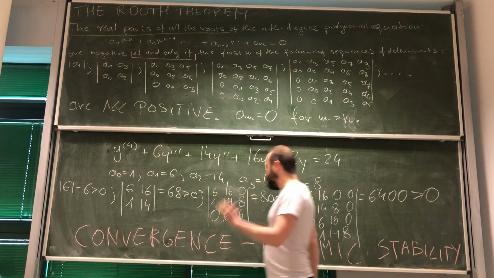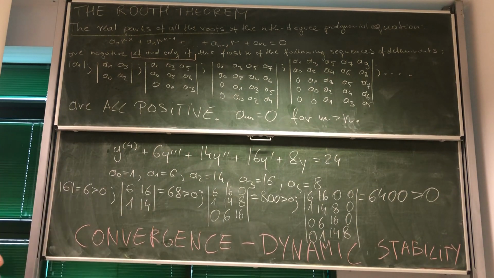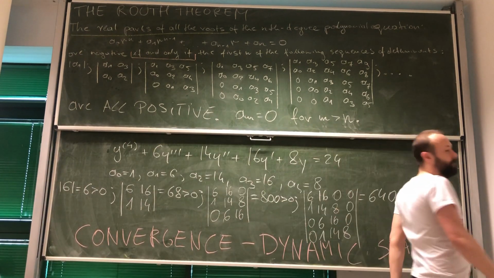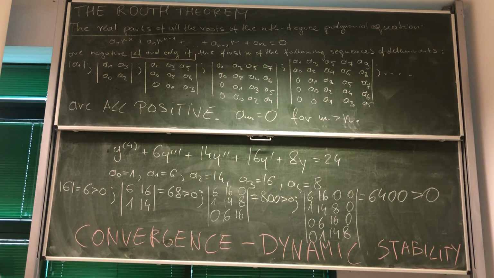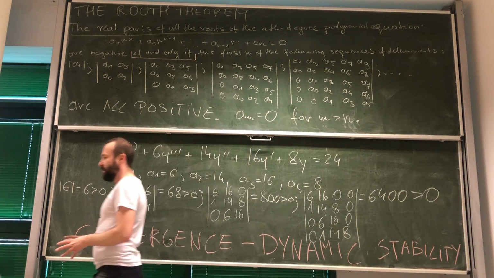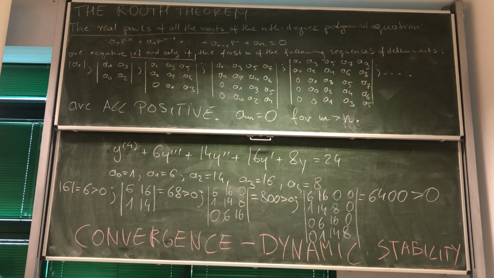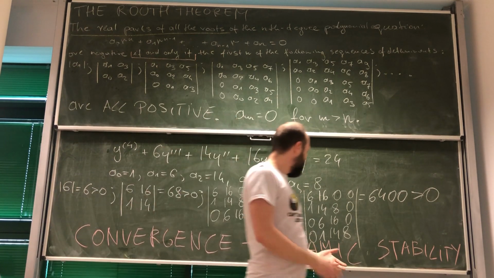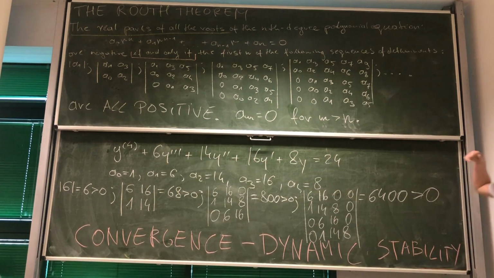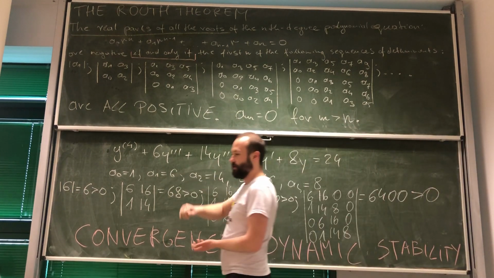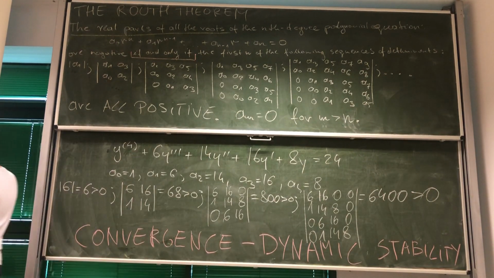Okay, and look, as you see, using the Routh theorem, we didn't even have to find the actual roots. We just know the real parts are going to be negative, and because of that, we can be certain that if enough time passes, complementary function goes back to particular integral, so to the equilibrium level.